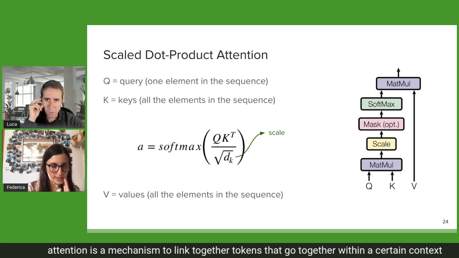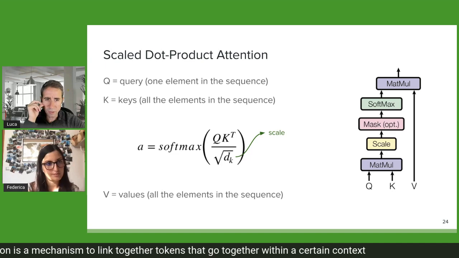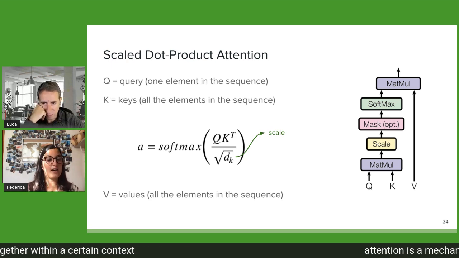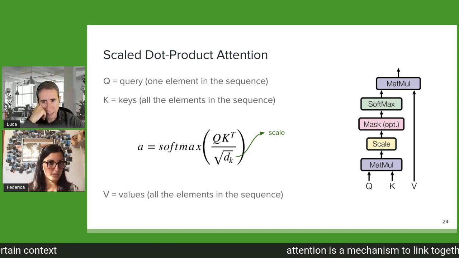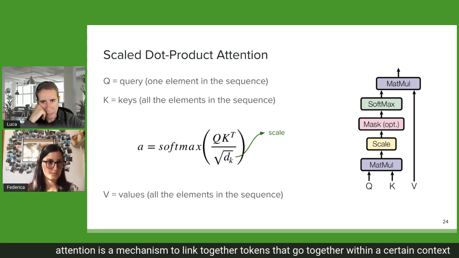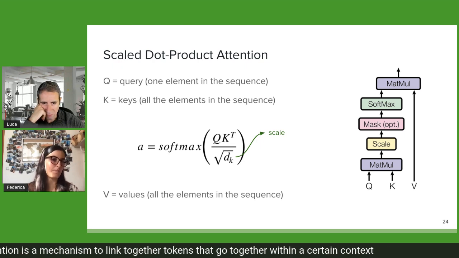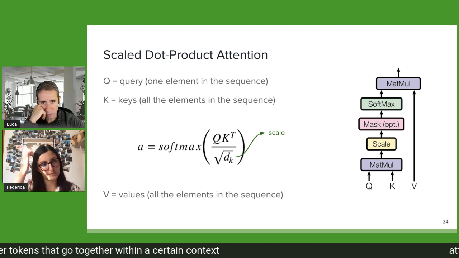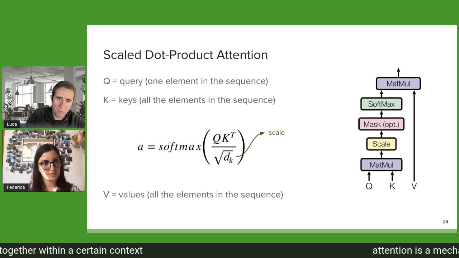These two matrices are multiplied not element by element, it's a matrix multiplication, so it's a dot product. Okay, so a dot product that is scaled by this parameter d. We don't know where it comes from, but it's just a rescaling operation.